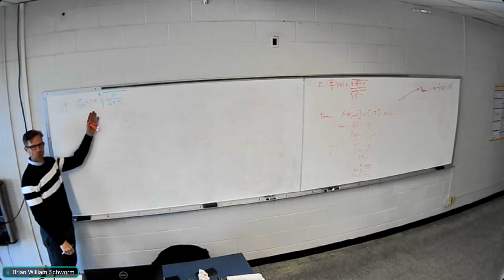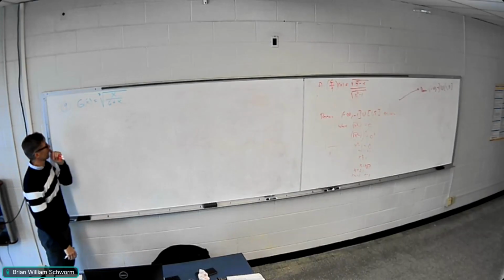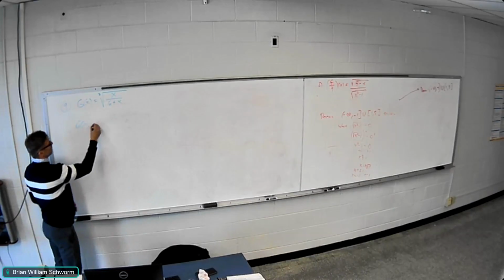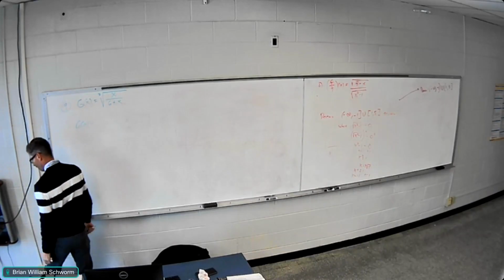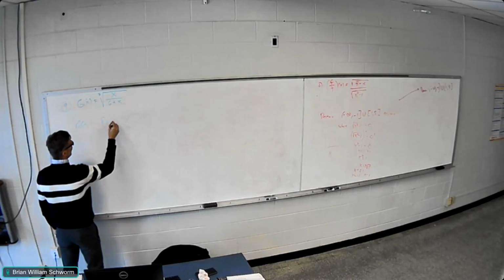And what they want us to do is think of this as the result of one function plugged inside of another function. They're saying d of x, this function that they're giving us the formula for, is the result of f composed with g.